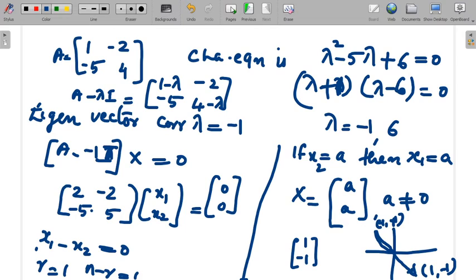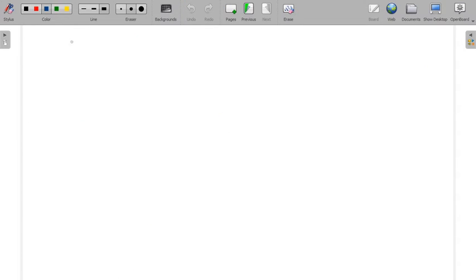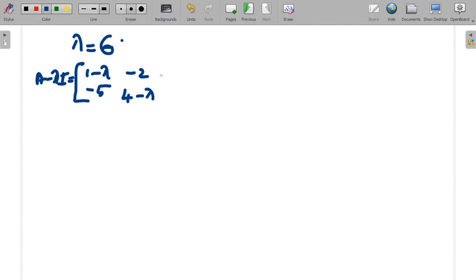Now we take the next eigenvalue, that is lambda equal to 6. When you substitute it in the matrix, our matrix is A minus lambda I equal to 1 minus lambda, minus 2, minus 5, 4 minus lambda.